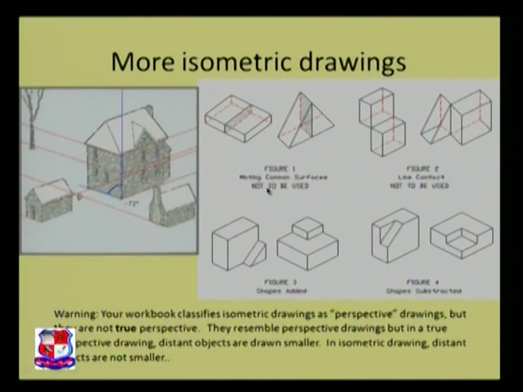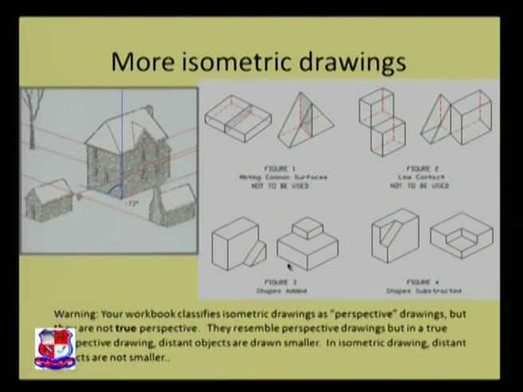These kinds of things are not used. If we say line contact, with the two rectangles you have only line contact. In the rectangle and the triangle, you have only line contact. There also, you might not use isometric drawings.